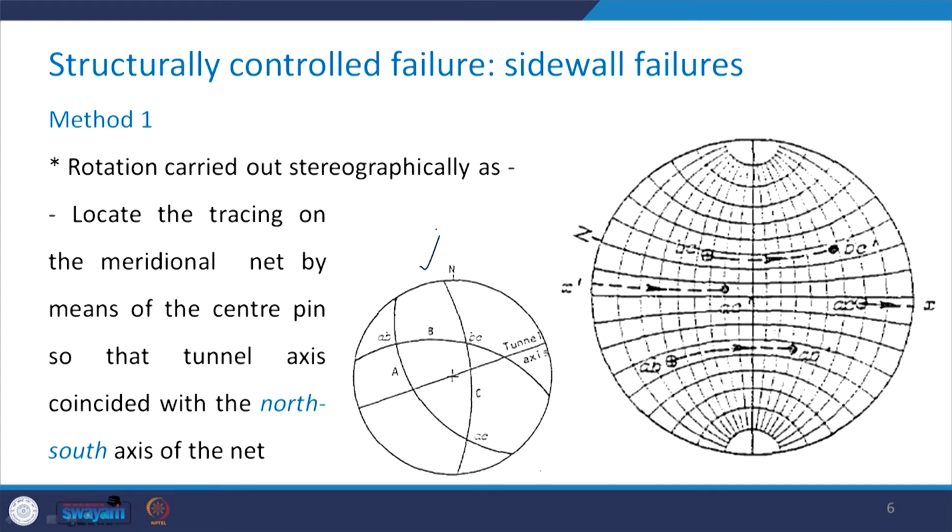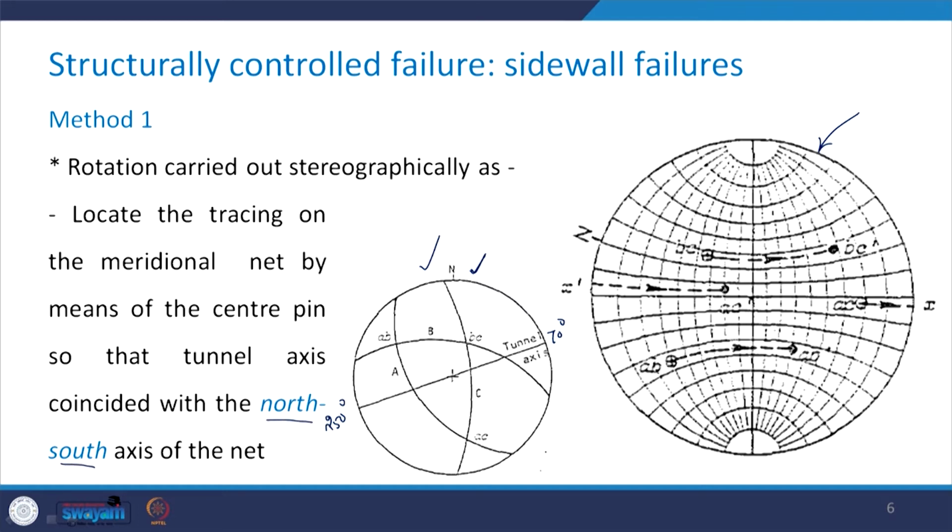We locate this tracing sheet on the meridional net such that the tunnel axis, which is 250 degree, 70 degree, coincides with the north-south axis of the net.